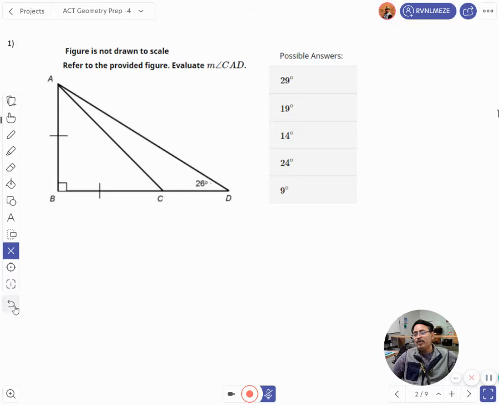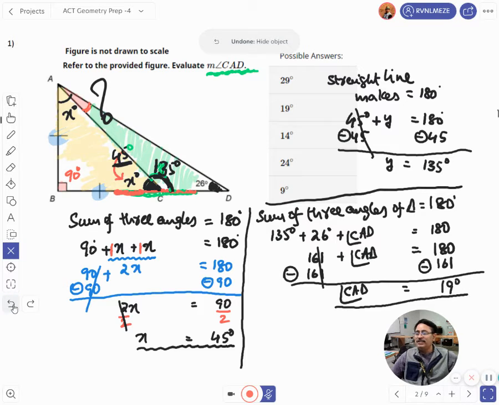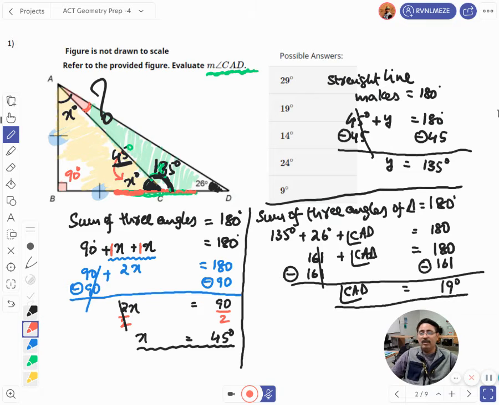Then we computed each angle: one is 90, the other two angles are 45. Then we found the adjacent angle of angle X as 135 by using straight line makes 180. In the second triangle, when you knew two angles, then you found the third one. So this is the answer, which is 19 degrees.